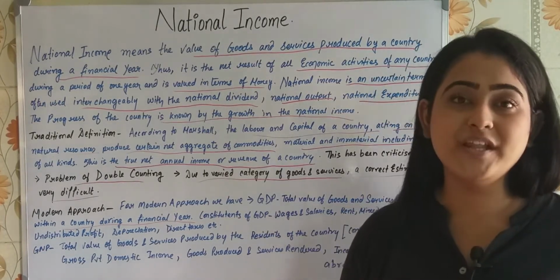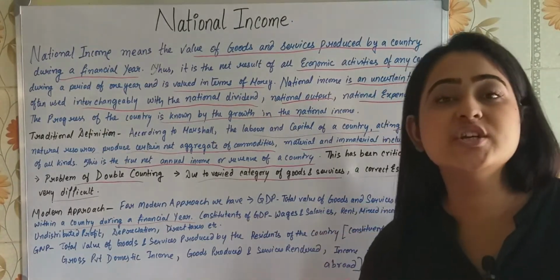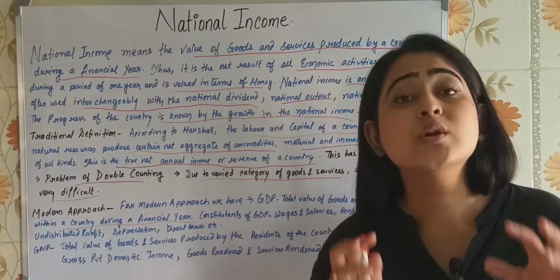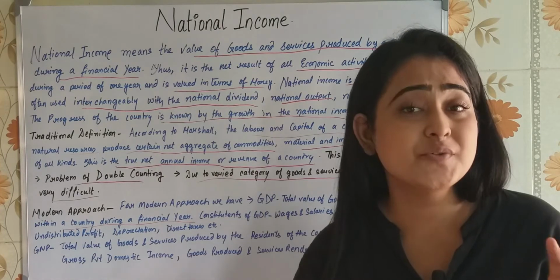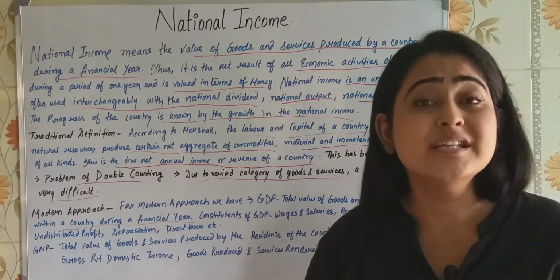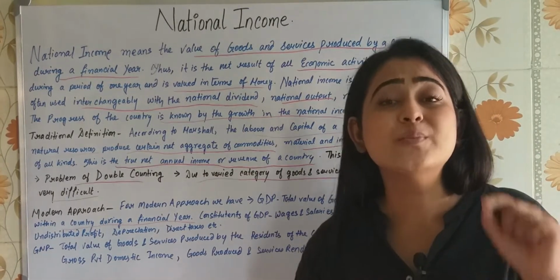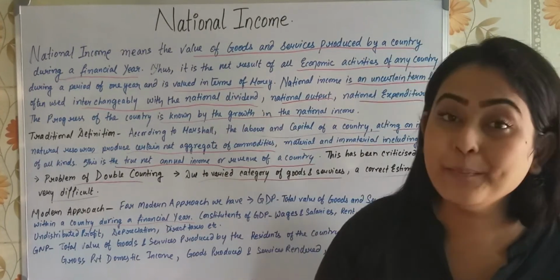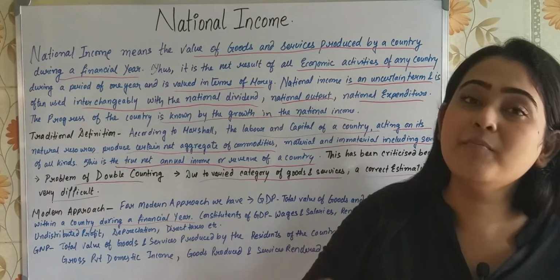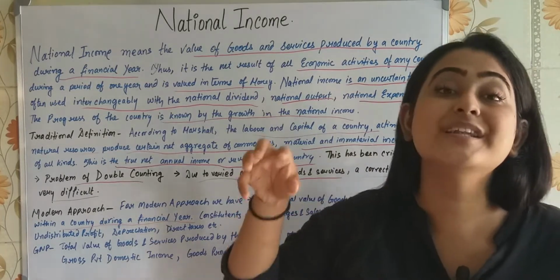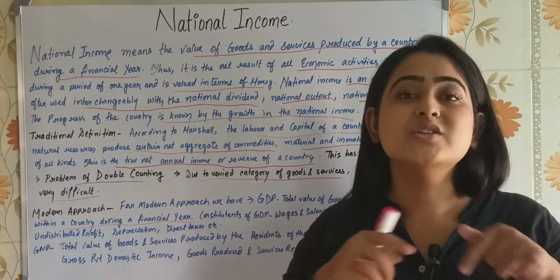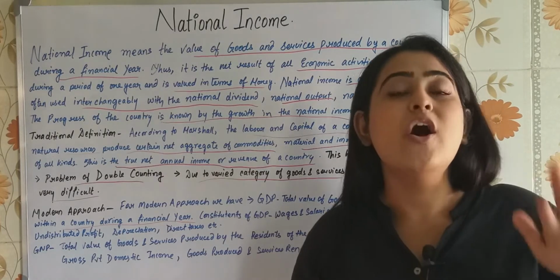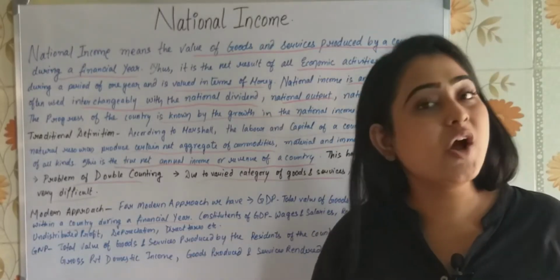Remember this point very nicely, because both the GDP and GNP are the total value of the goods and services produced in a financial year. But in the case of GDP, that has to be within the domestic territory of the country, and for GNP, it has to be produced by the people of that nation, whether within the domestic territory or outside it. Got it?